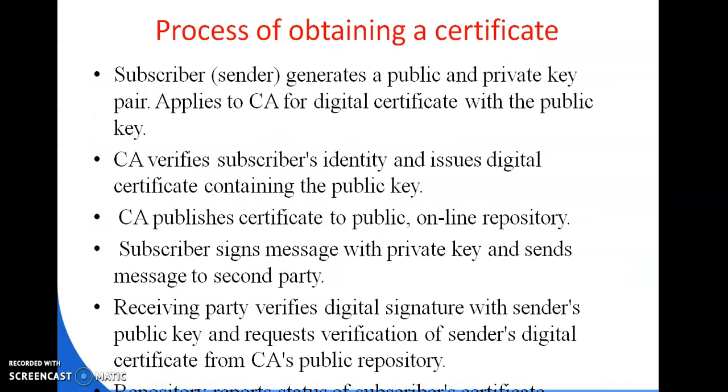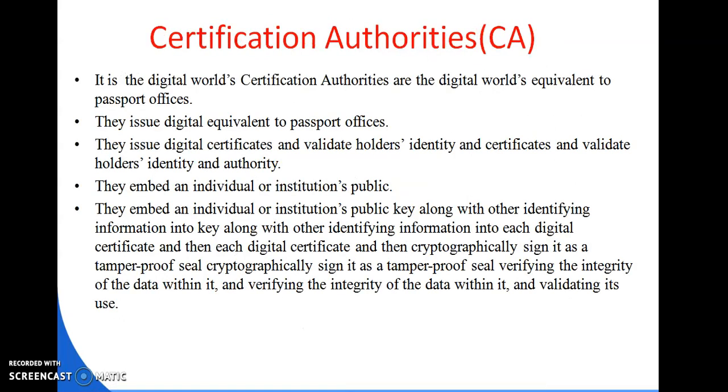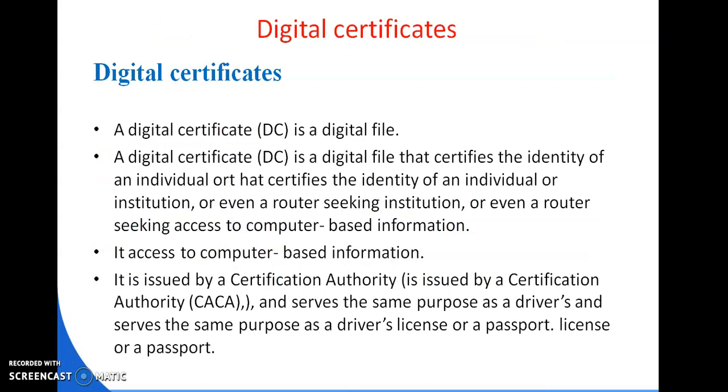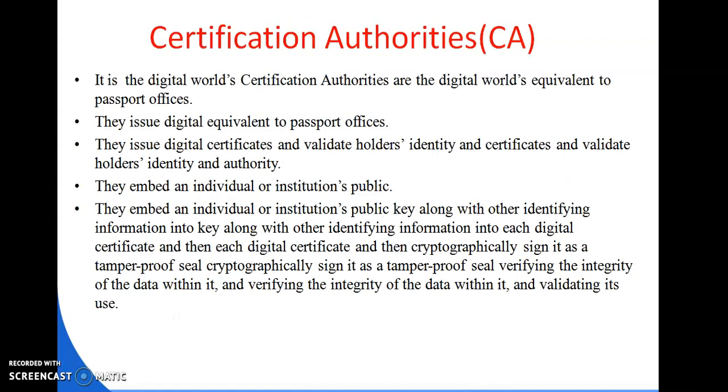Next, what is the process of obtaining a certificate? Before going to that, let's see what the digital certificate actually is. A digital certificate is issued by some international organization, the authority which issues this digital certificate.